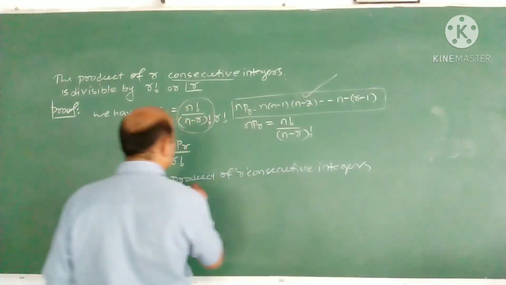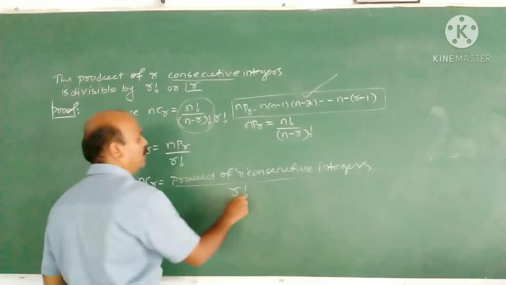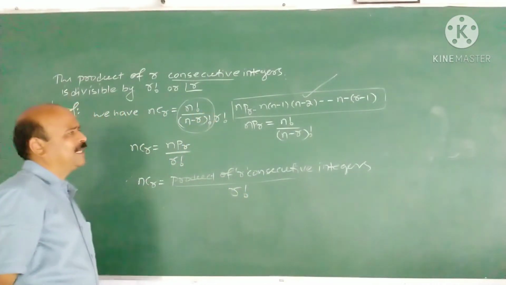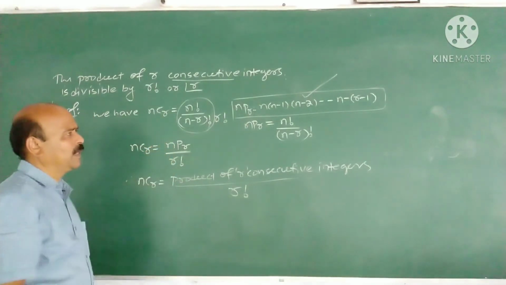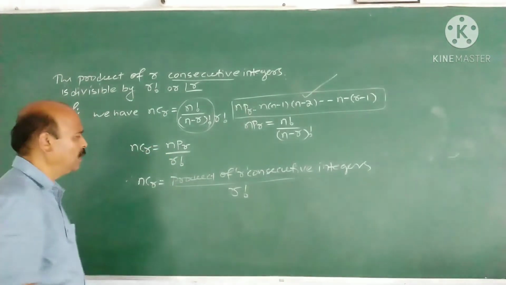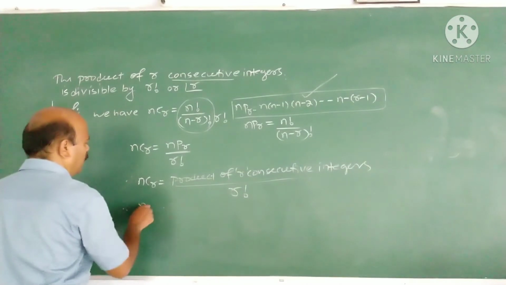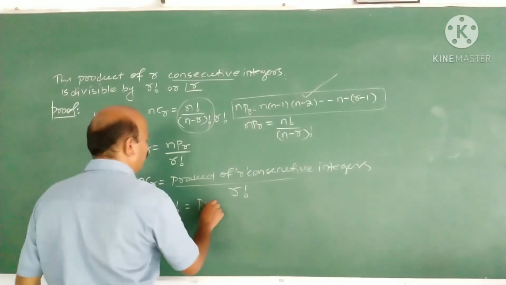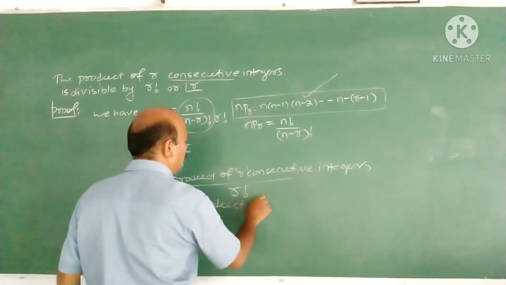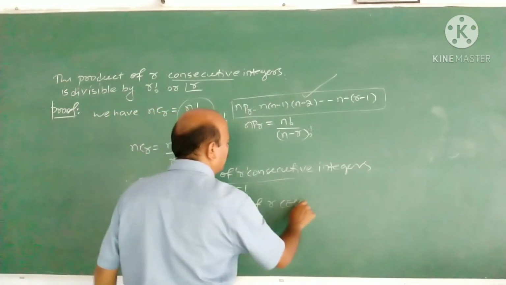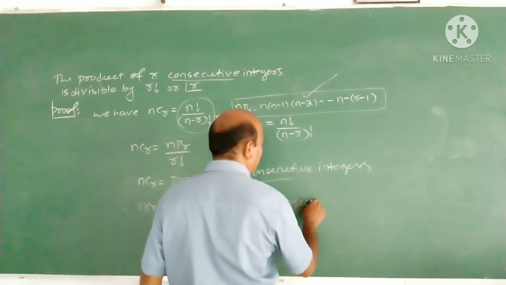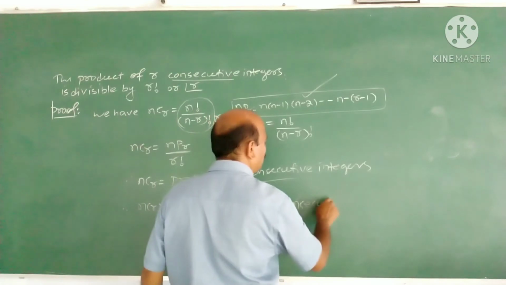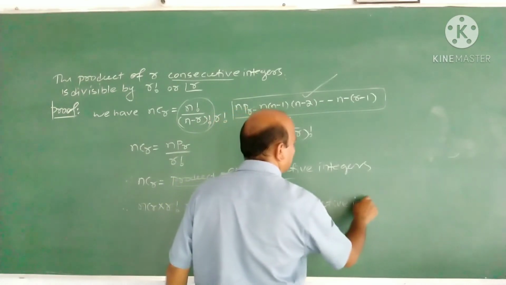Product of r consecutive integers divided by r factorial. Every step is quite straightforward. I think you understood this one. Therefore, nCr into r factorial is the product of r consecutive integers.